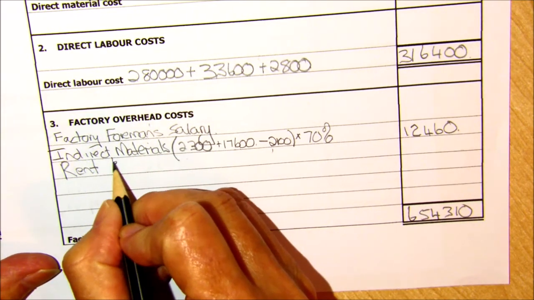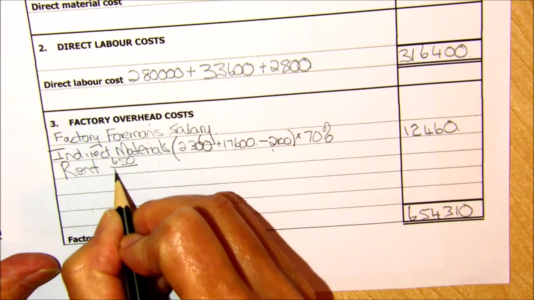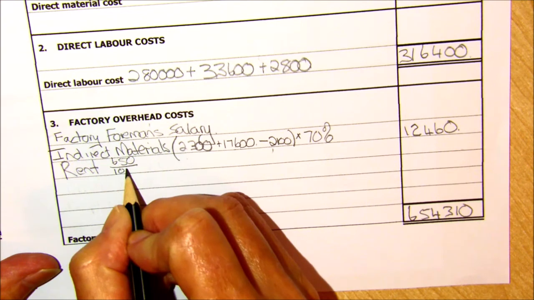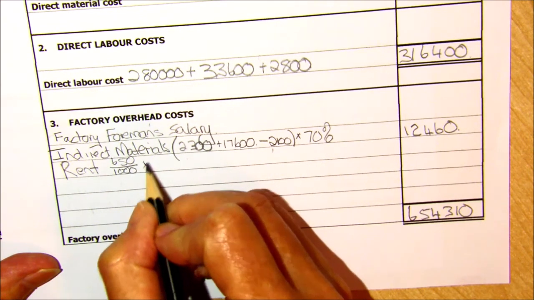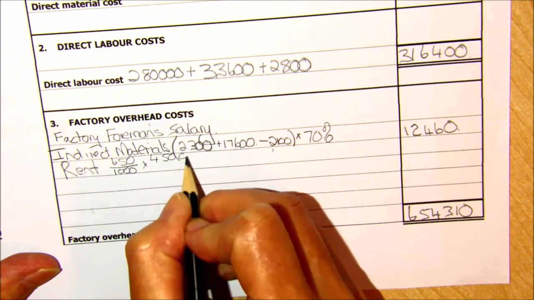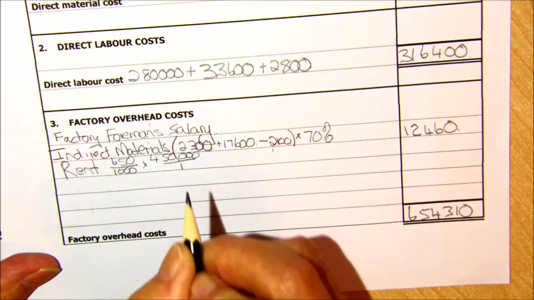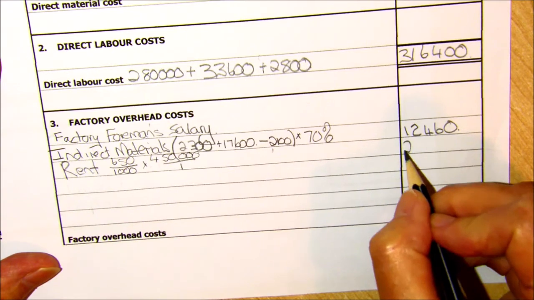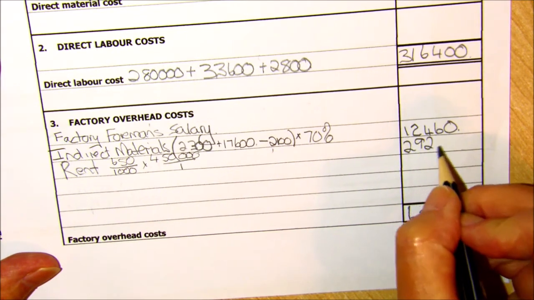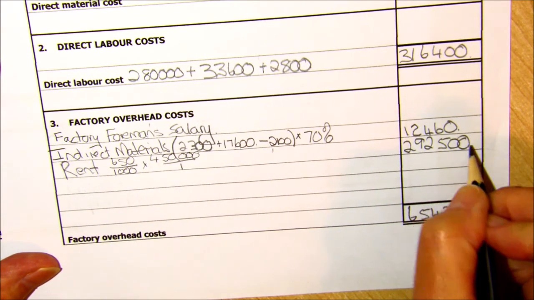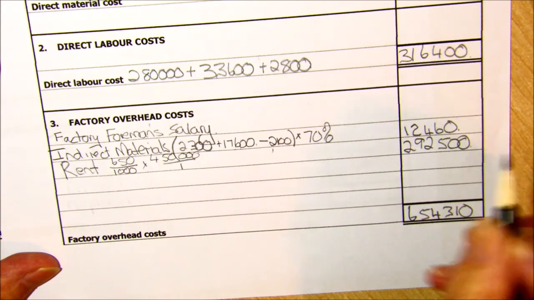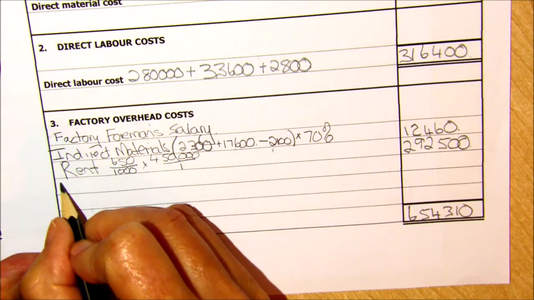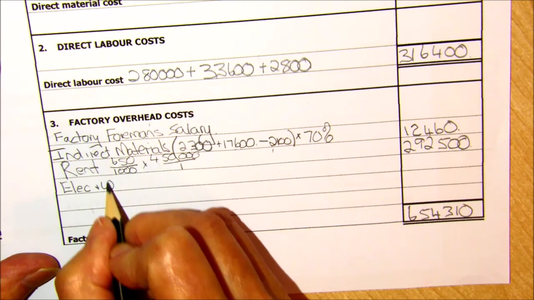The factory is using 650 of the total of 1,000, times 450,000. So the factory is not responsible for the total rent, and the factory uses 292,500 of the rent.